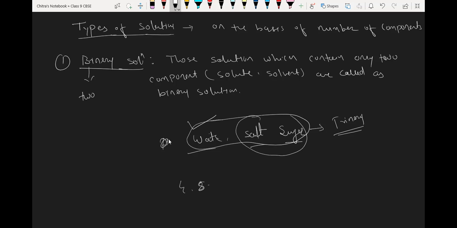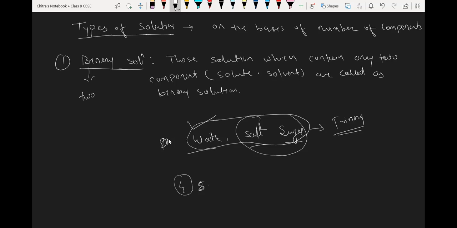But if you are adding some other mixture in it, or you are adding that vinegar in any other solution or solvent, then it is going to be 2 solutes and 1 solvent. Sir, could there be two solvents and one solute? Yes, there is a possibility.